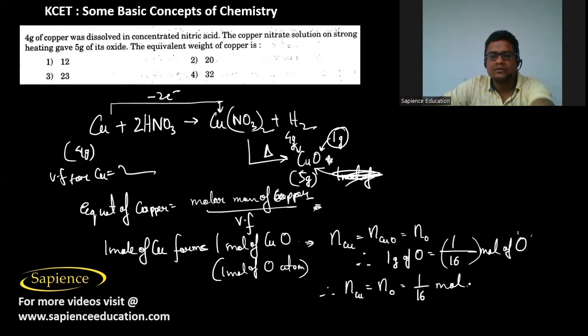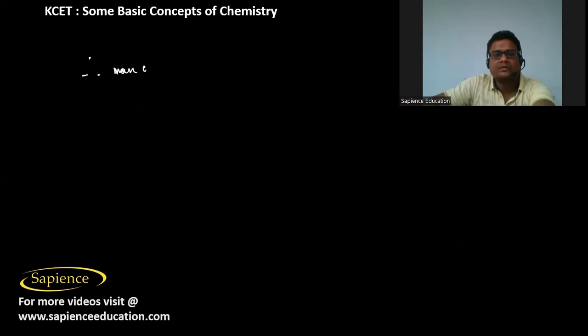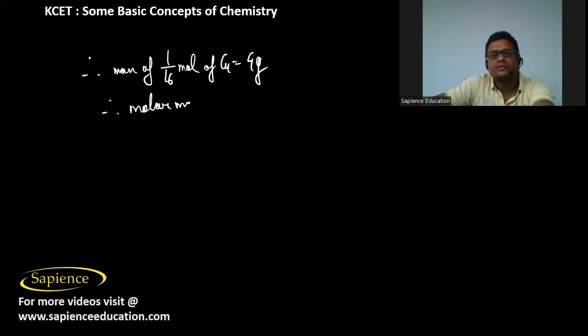Therefore, this 4 gram should be the mass of 1 by 16 mole of copper. So the mass of 1 by 16 mole of copper is equal to 4 gram. Therefore, the molar mass of copper will be equal to 16 into 4 gram, that is 64 gram.